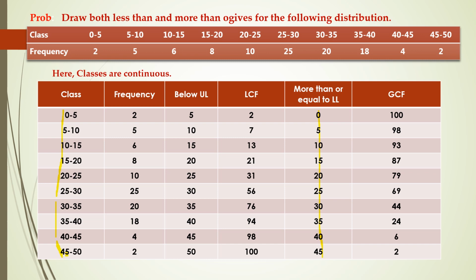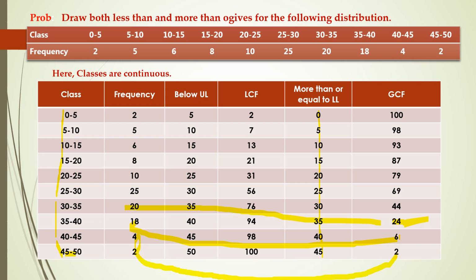For the last class interval, the frequency and the greater than cumulative frequency are the same. Let's copy 2 here. To find the next greater than cumulative frequency, find the sum of 2 and 4, that is 6. Next, 6 plus 18 gives 24.